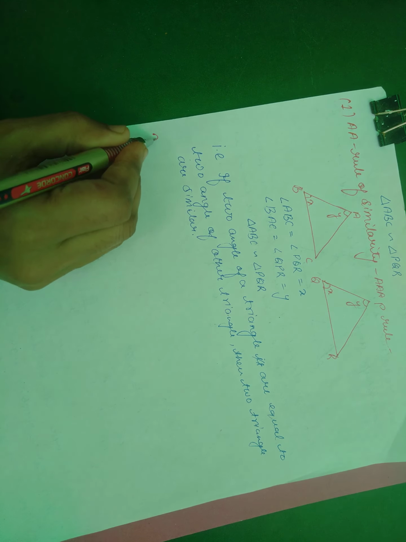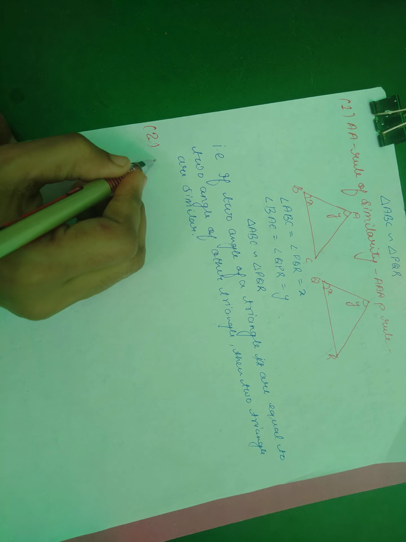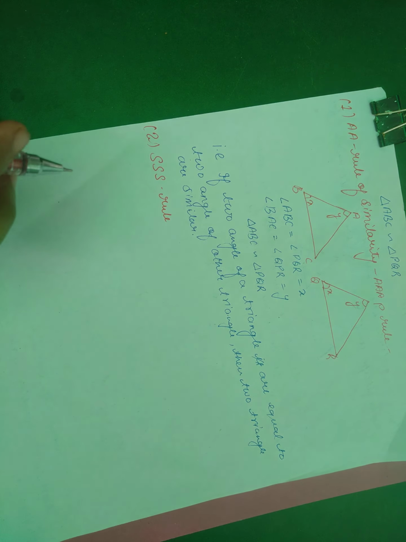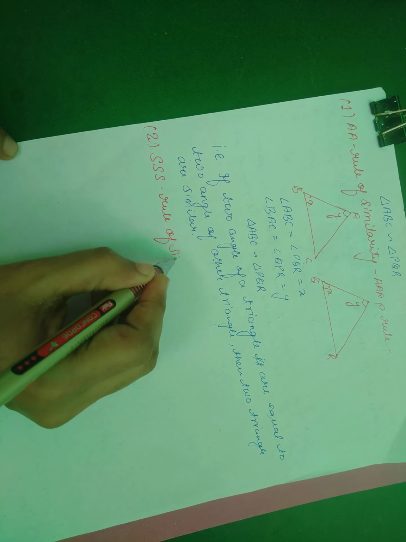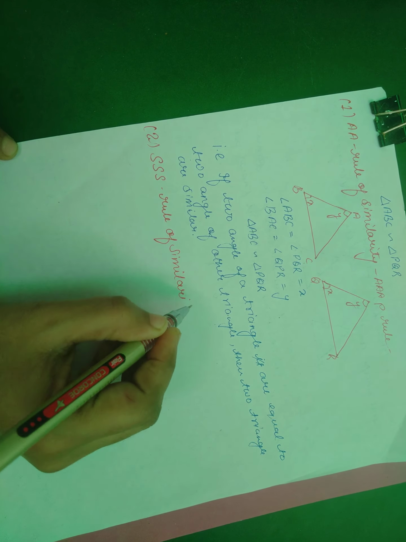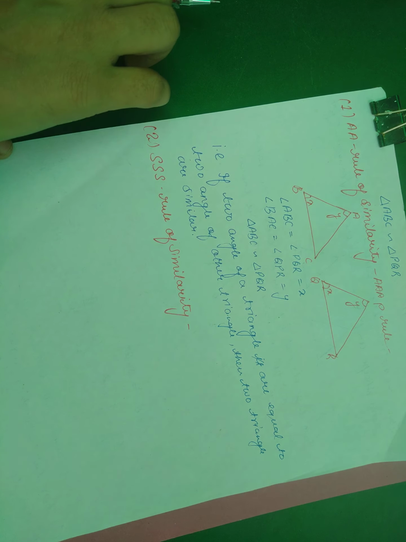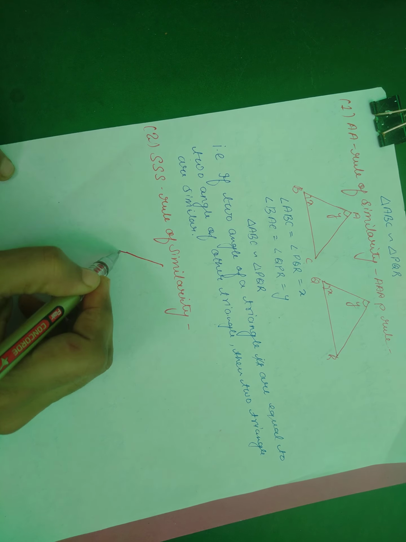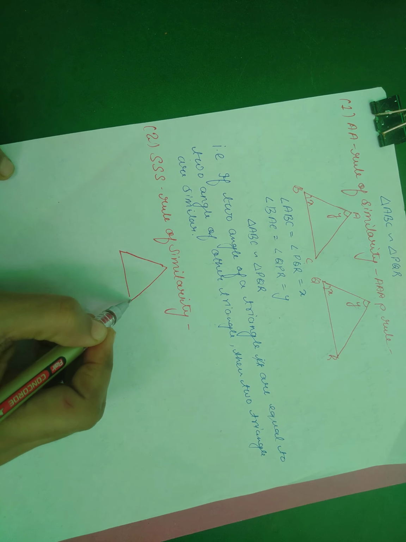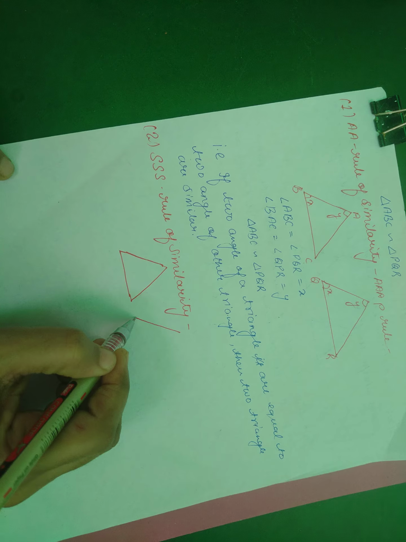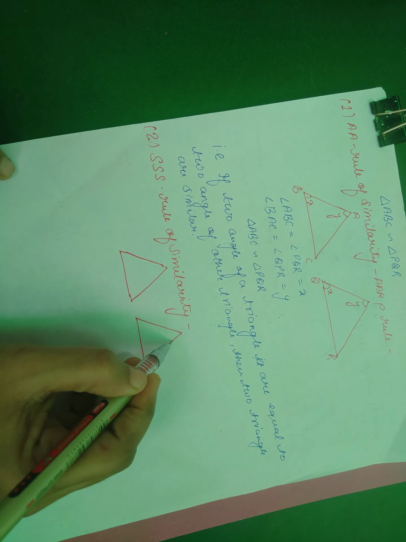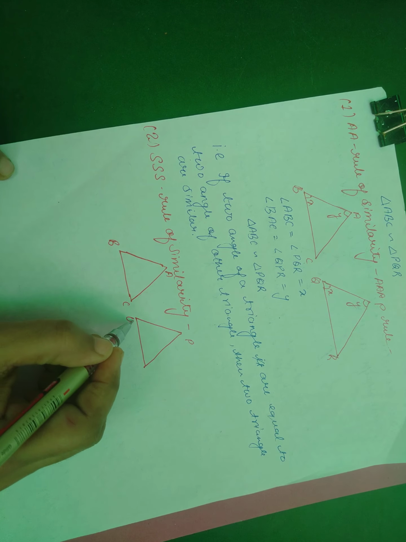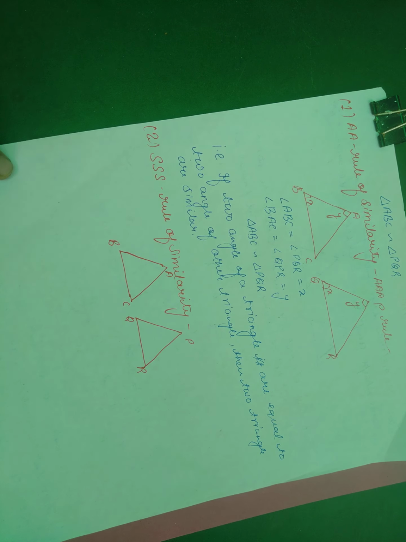And the second criteria is the SSS rule of similarity, which means side side side. So for the same, again I am going to make two triangles, ABC and PQR, right?